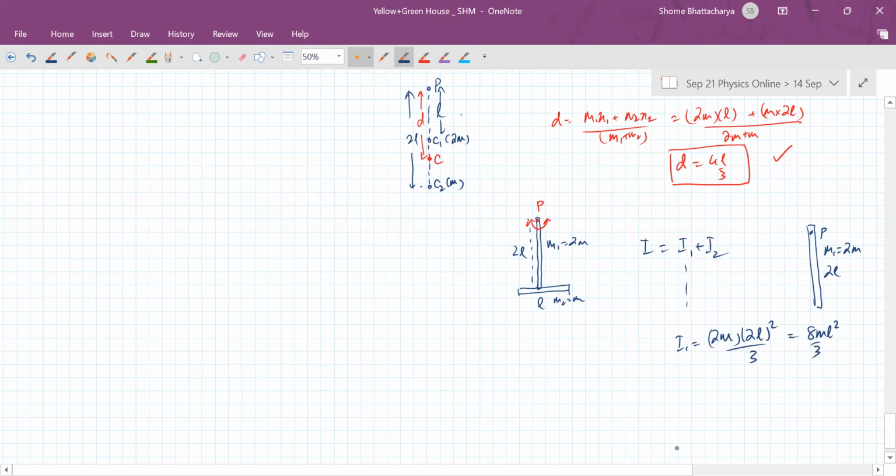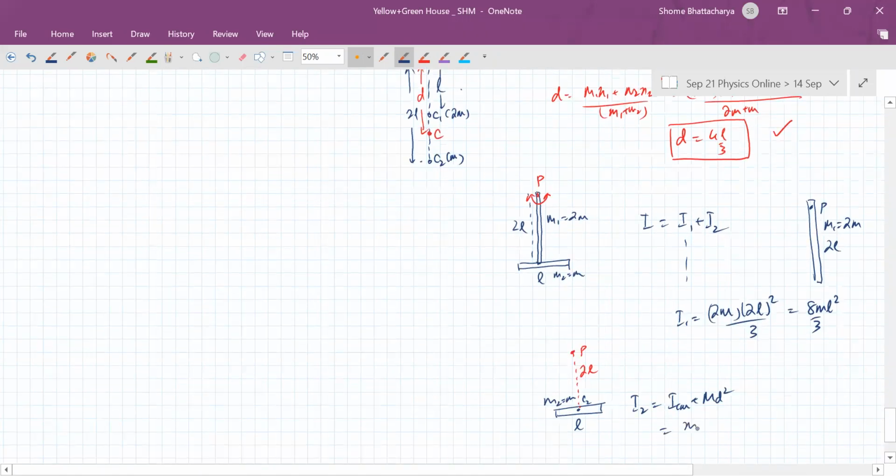The total mass is 2m. Length is 2L. The second one, for this one, the axis is over here. Distance of 2L. Whereas its center of mass is here. So I2 will be ICM plus md square, that formula. ml square by 12 plus m into 2l square.